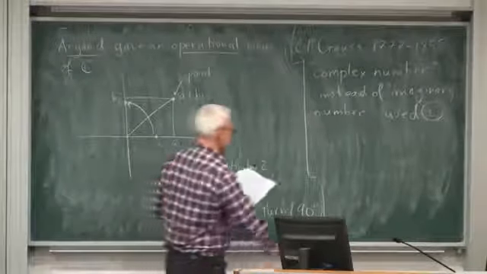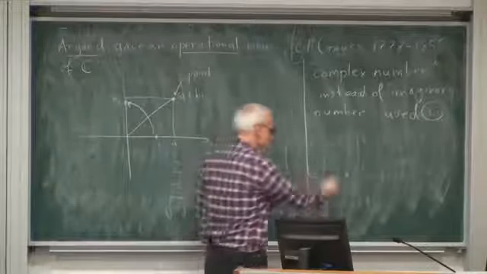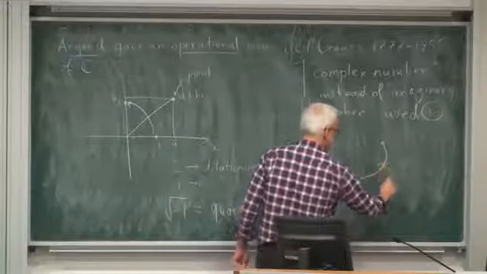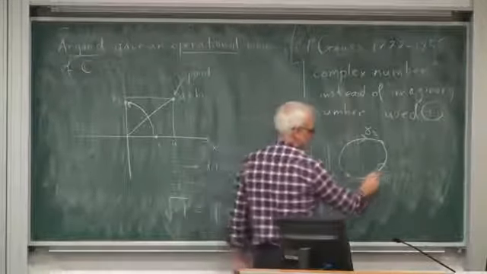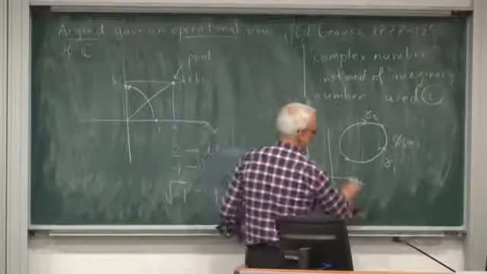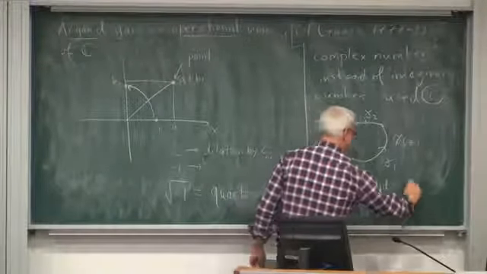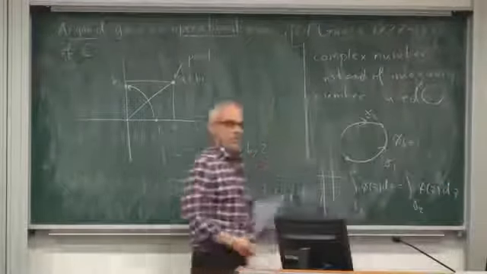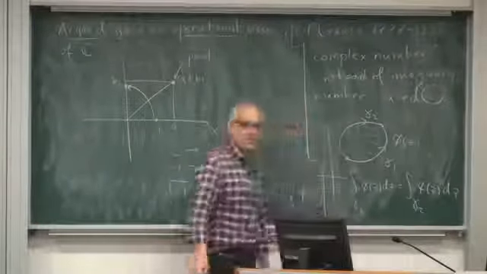And in particular, he discovered what was later to become Cauchy's theorem, and he stated Cauchy's theorem, which in Gauss's language was this, that if you had two paths, gamma 1 and gamma 2, and you had some function, say phi of z, then the integral around gamma 1 of phi of z dz was equal to the integral around gamma 2 of phi of z dz, provided that the function phi of z was actually single valued.